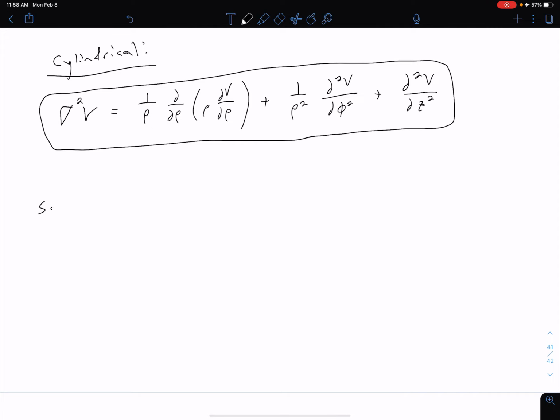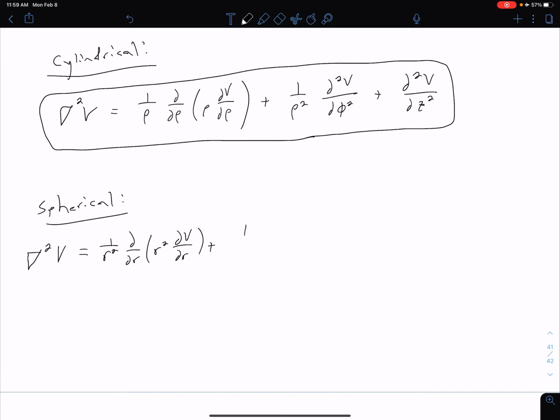So then finally for our spherical coordinates, we have that the Laplacian, so del squared V, is equal to 1 over r squared times the partial with respect to r of r squared times the partial of V with respect to r, plus 1 divided by r squared sine theta, partial with respect to theta of sine theta times the partial of V with respect to theta.